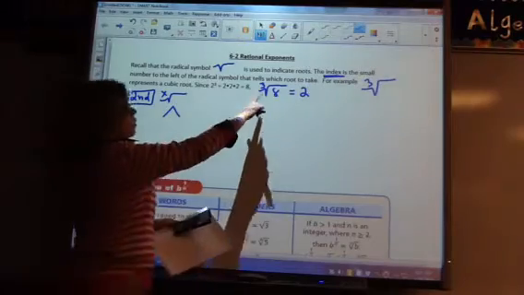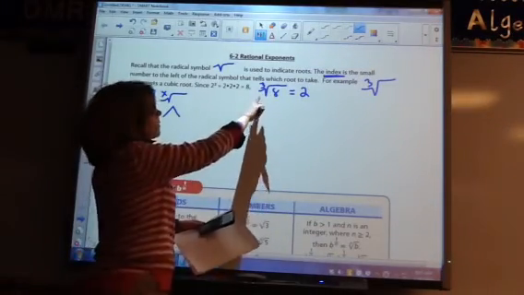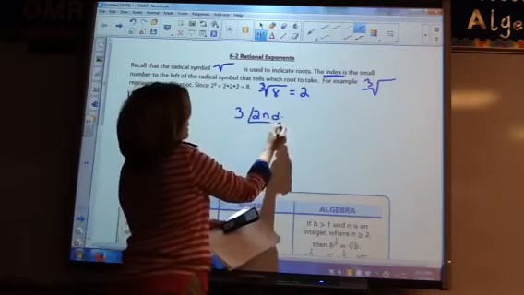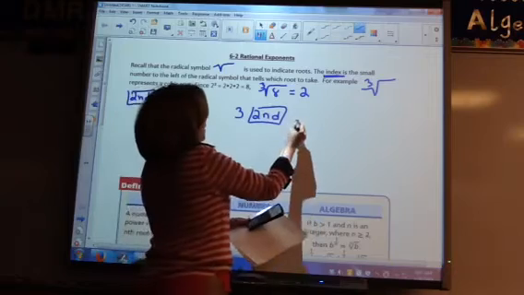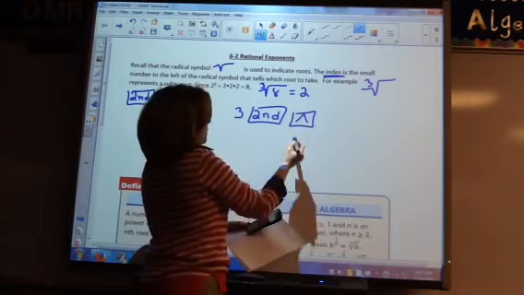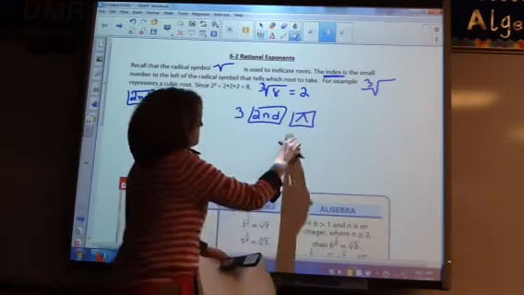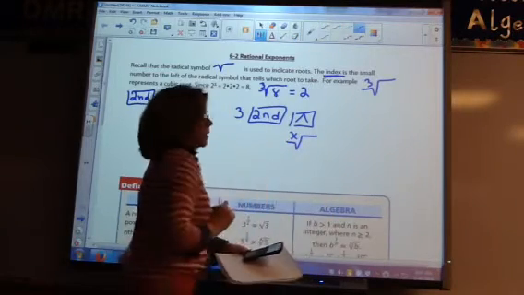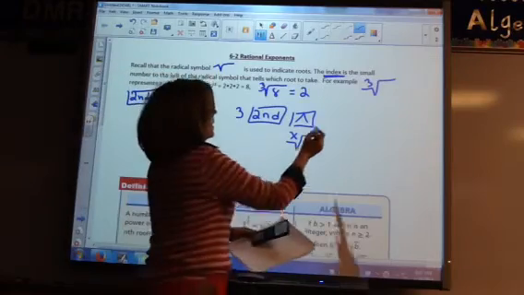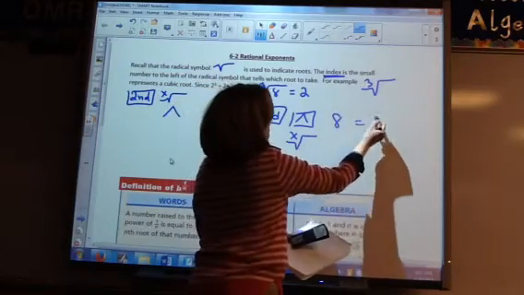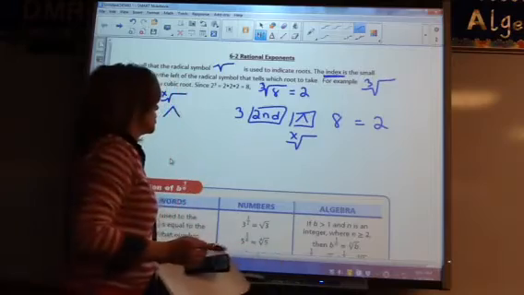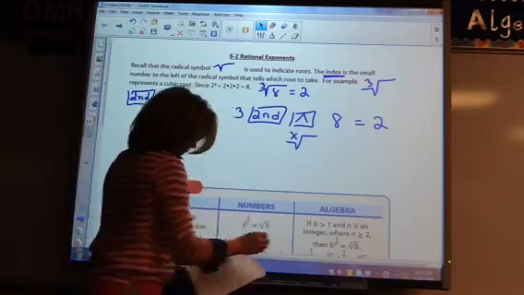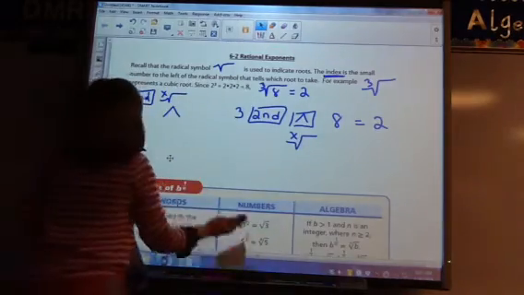For example, if we want to key this in on the calculator, you would key in 3, hit the second function button, and then this, because that's going to bring up your symbol like that. Then you key in 8 and hit equal, and you'll get 2. What that did was take the cubic root of 8.